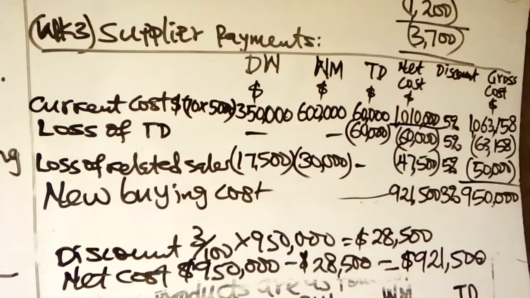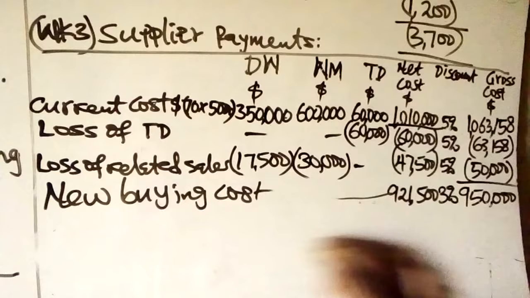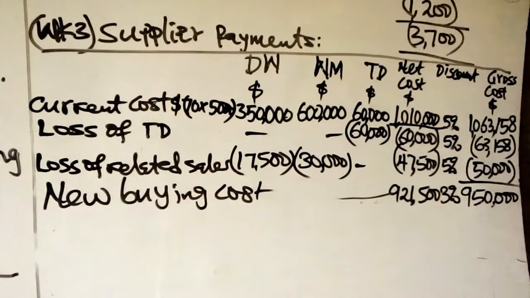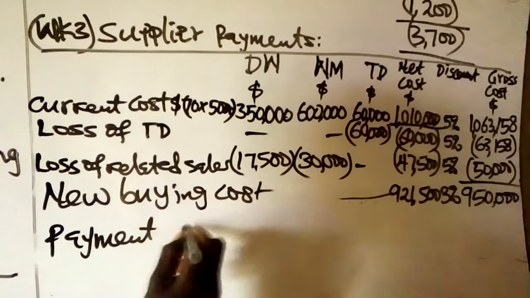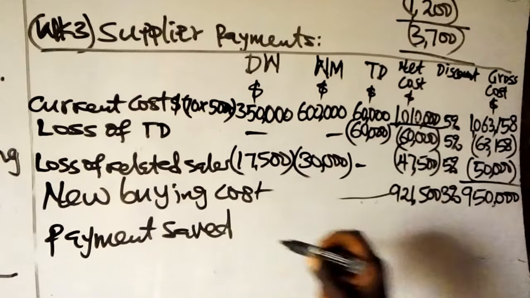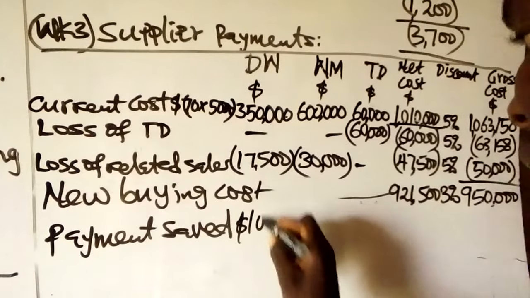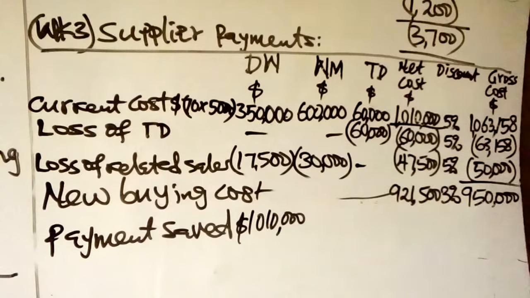That means a certain amount of cost will be saved. How much will be saved now if TD is stopped? Supplier payment saved. If you continue with TD, you have to pay 1,010,000. That is what you ought to have paid.